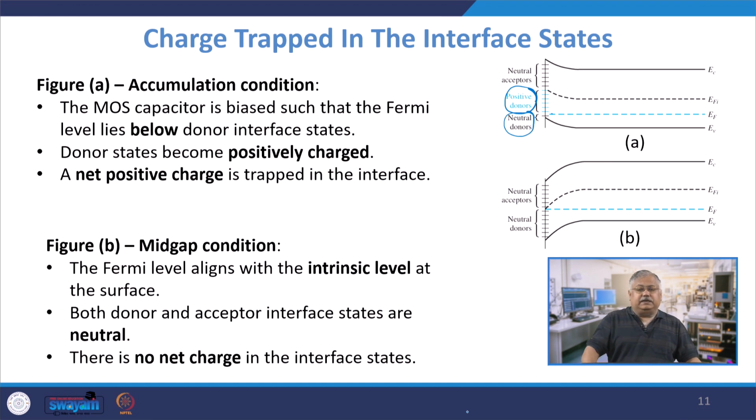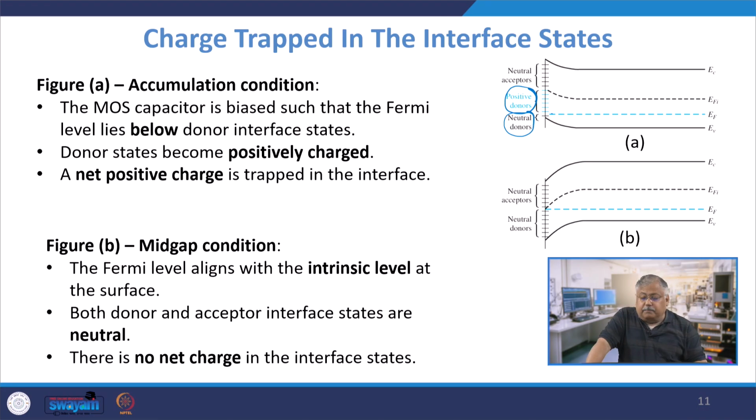Positive donors means basically they are positively charged in a sense, and therefore a net positive charge is trapped in the interface. These are interface trap charges which are sitting a few angstrom near the silicon dioxide interface, right. So, the positive donor part is near the interface.